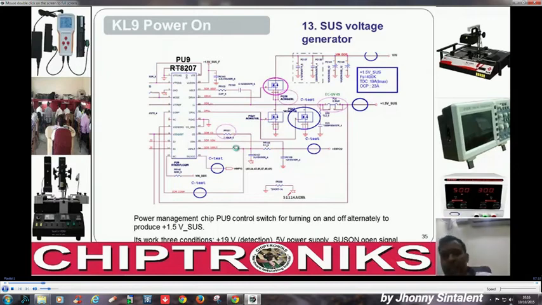By seeing a notebook motherboard, can you tell what the exact power sequence is? Well, everybody would demand a schematic diagram, a circuit diagram, to tell the exact power sequence, but that is only half correct.